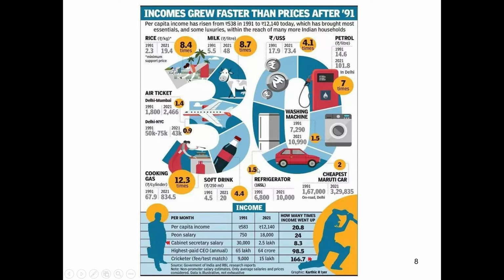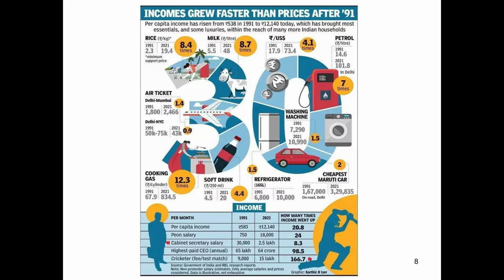So it means that electronic industries are suffering, or maybe due to improvement in technology their rates have not changed drastically. But income, just see per capita income, has increased 20.8 times, 20.8.